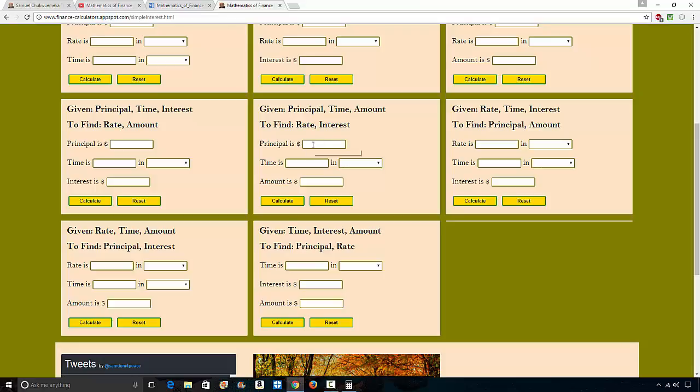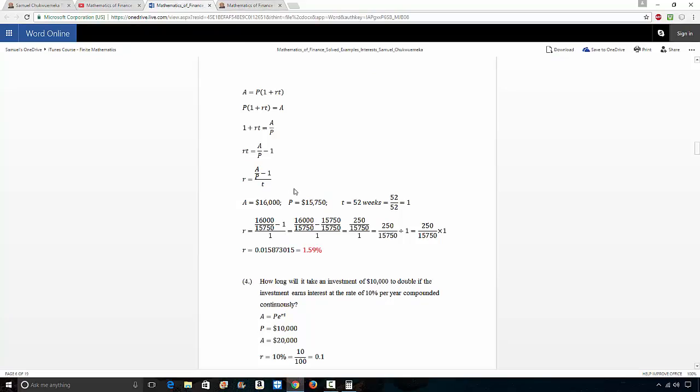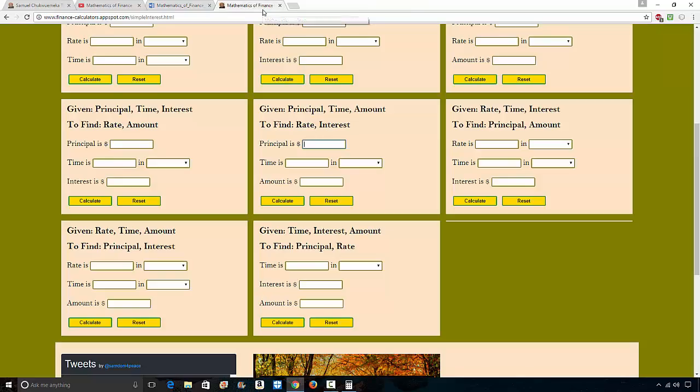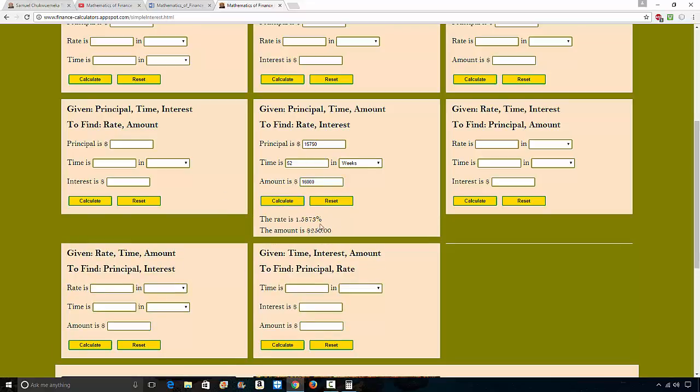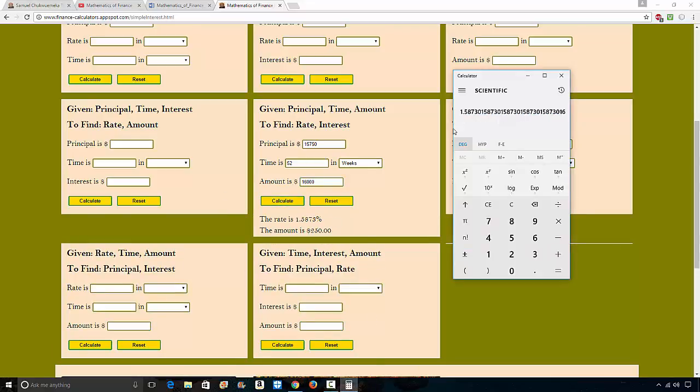The principal was 15,750, amount 16,000. So principal is 15,750. Time is 52 weeks. Amount was 16,000. And I'm asked to find the rate. 1.5873.